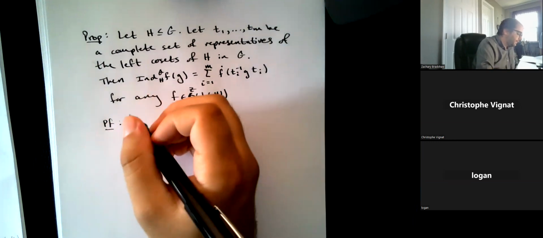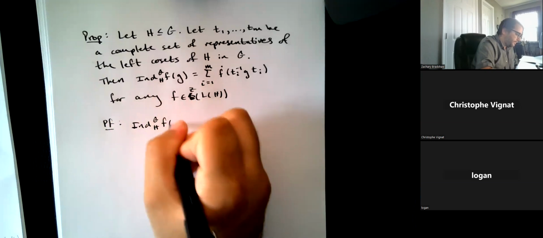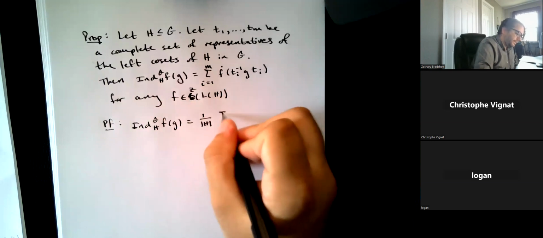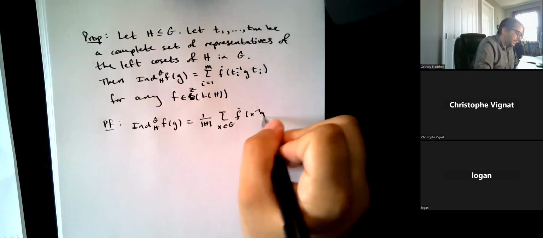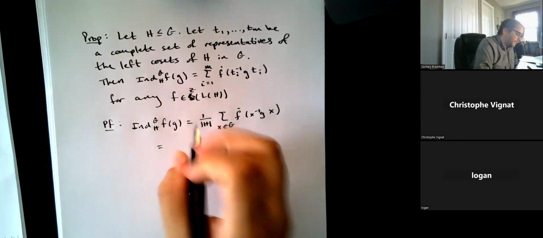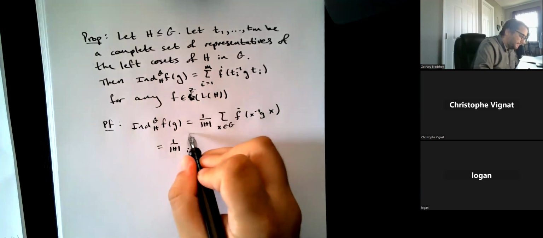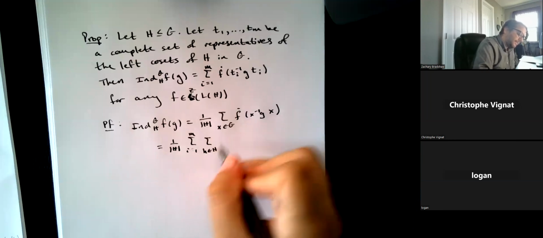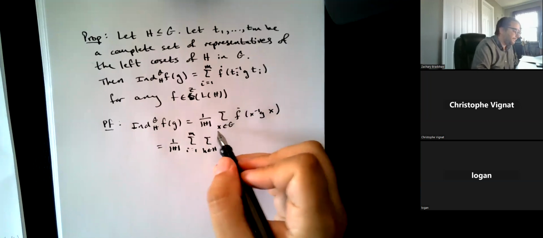So this is equal to, by definition, 1 over the order of H, sum over X in G, F dot X inverse G X. And so this is the sum from i equals 1 to m. And we can write this as, well, okay, so I'm rewriting this whole sum here as a double sum.